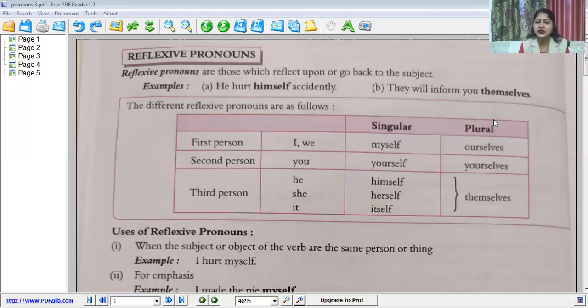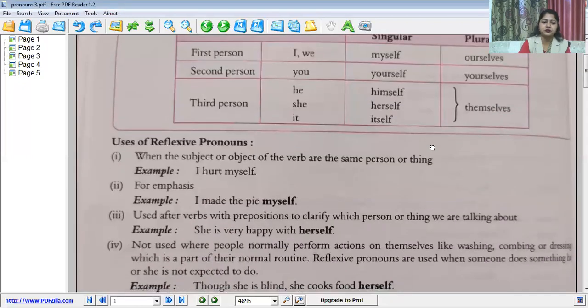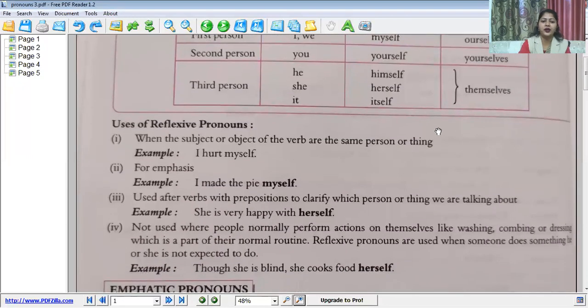Okay, let's see certain places where you will be using reflexive pronouns. When are reflexive pronouns used? Firstly, when the subject and the object of the verb are the same person or thing, like I hurt myself. Okay, now here the subject is the same.